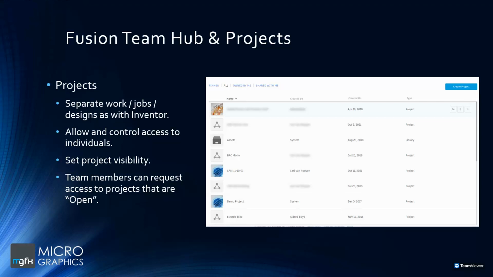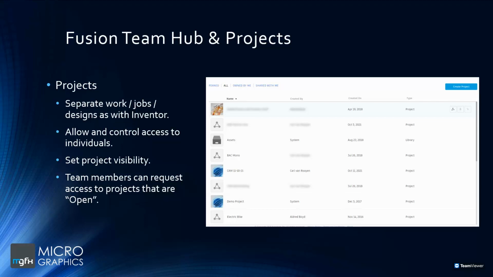As I showed in the demo there, we have a list of projects with data in. The idea is very similar to how Inventor works with projects. Each project represents a new design, product, or job. This is done to separate the data as well as access. A project or team admin can add or remove users from projects, giving individuals the right to access, view, and edit data within the project.